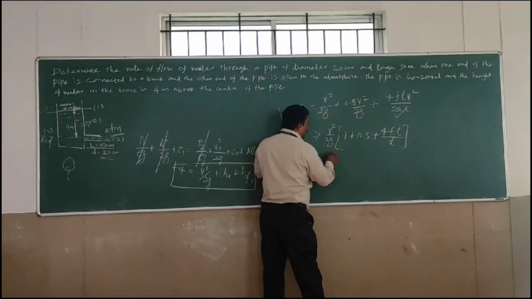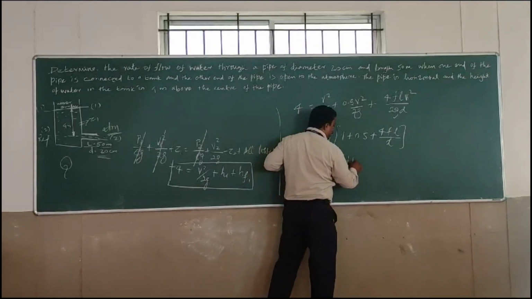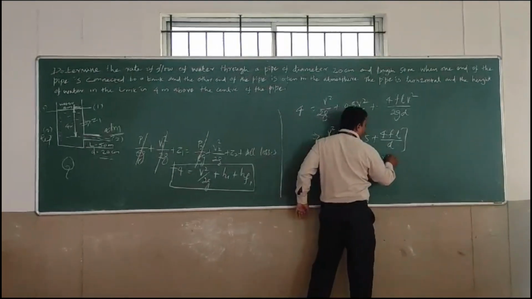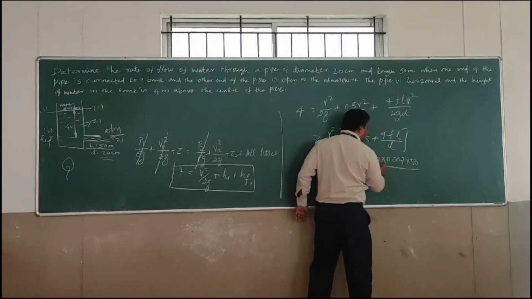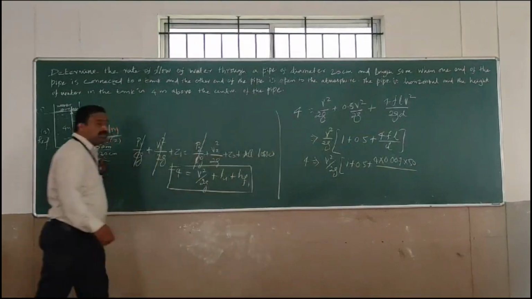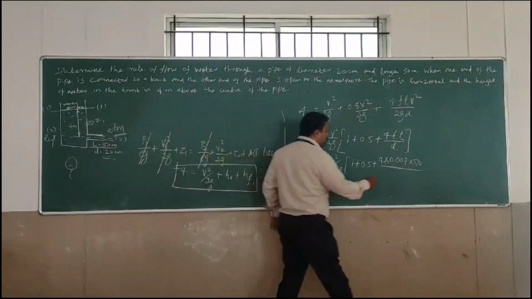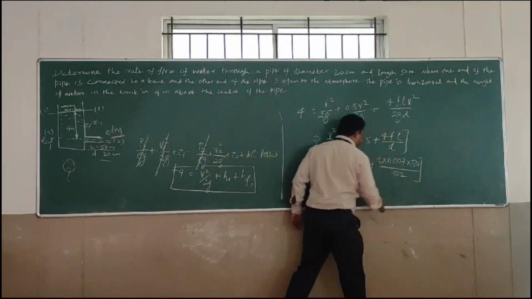Now I am going to apply all the values. Here 4 equal to v squared by 2g into 1 plus 0.5 plus 4 into f, which is 0.007. The length is 50 meters and the diameter is 20 centimeters, so you have to convert into meters. 20 centimeters divided by 100 gives 0.2.